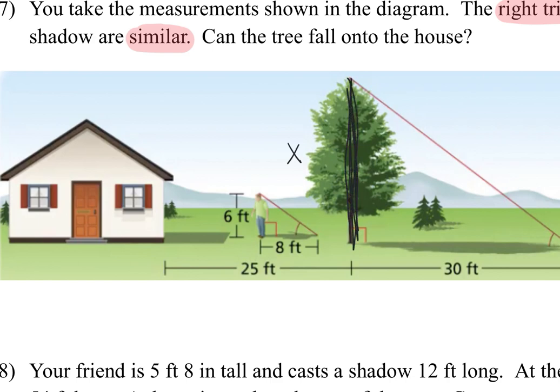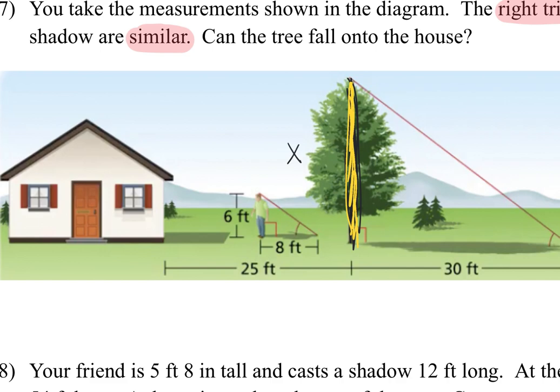So I'm going to try and make a thick line there. Sorry. Probably should use a different color. There we go. Yellow shows up better. Okay. So I don't know how tall it is. Do we know the shadow? Yeah, the shadow is 30 feet. They say it right here. Awesome. They go from that very tree to the tip of the shadow.